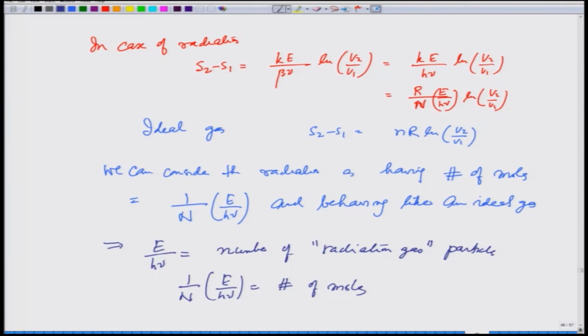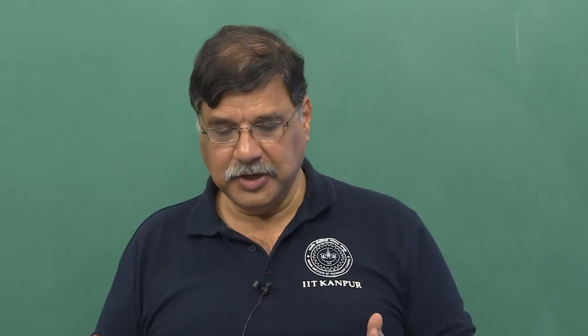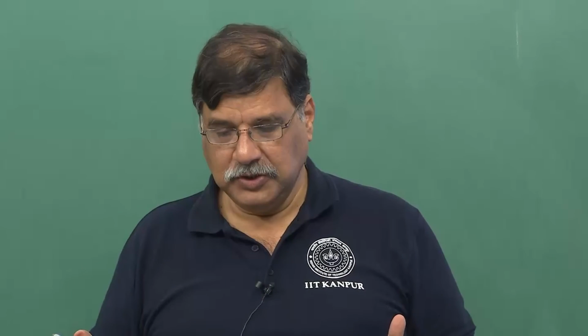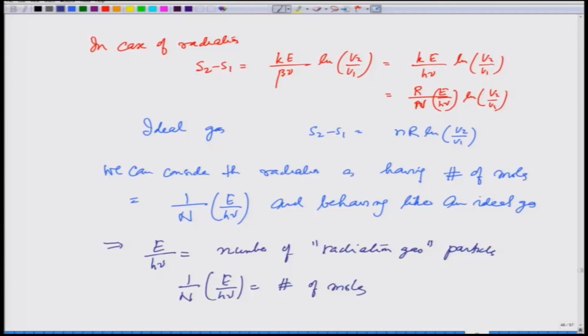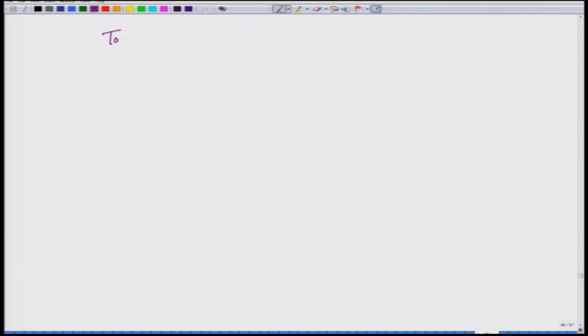So, this analogy between entropy change of the radiation when it is allowed to change its volume without changing the energy and ideal gas gives you an idea that it can be treated like a collection of molecules, but that is just showing it theoretically. To check the validity, one needs experiments.